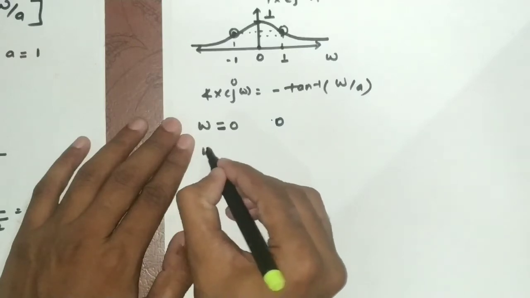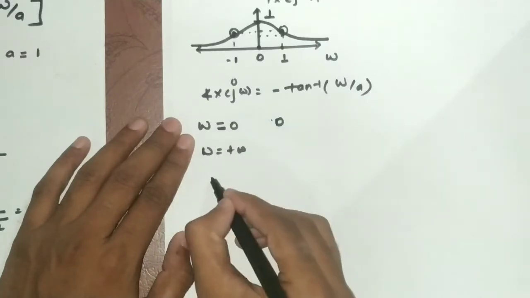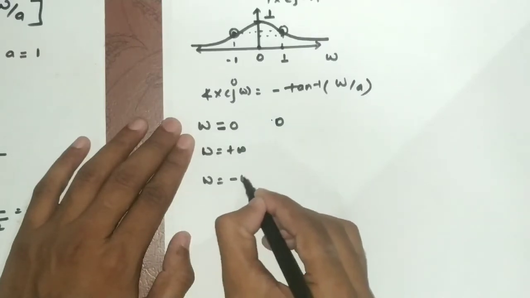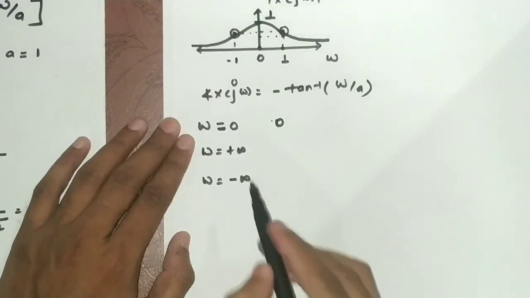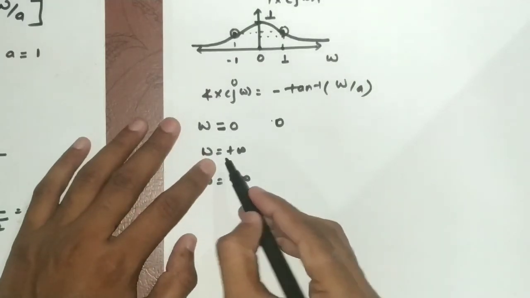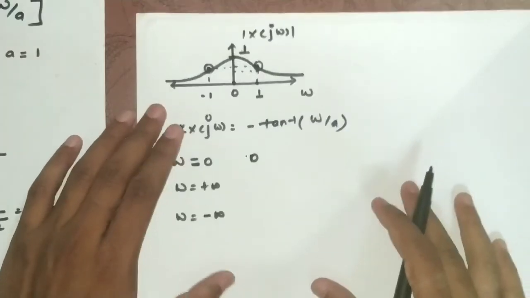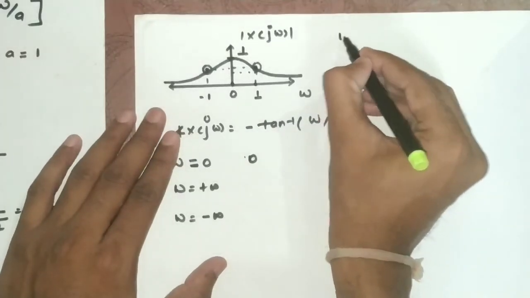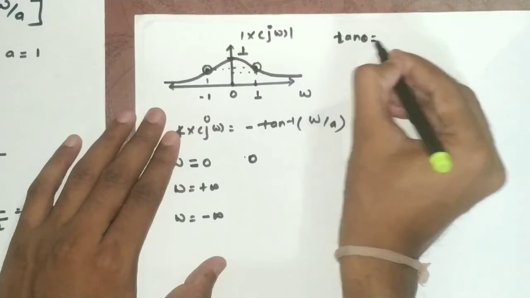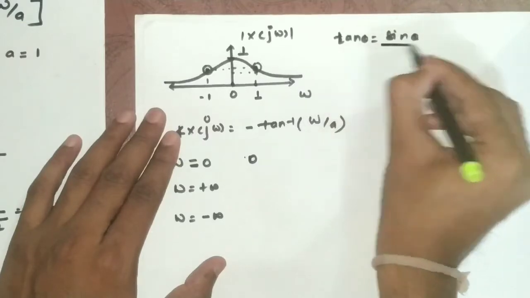Similarly, when I put omega as plus infinity and omega as minus infinity, now when we put omega as infinity, this term will be tan inverse of infinity. Now how will you get tan inverse of infinity? As you know, tan theta is basically a ratio of sine by cos.